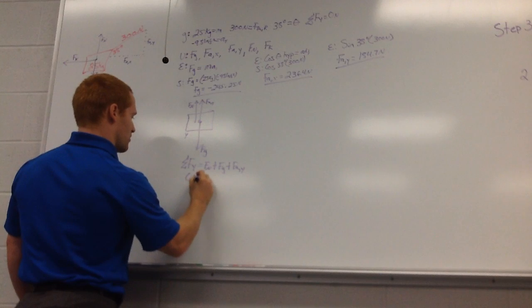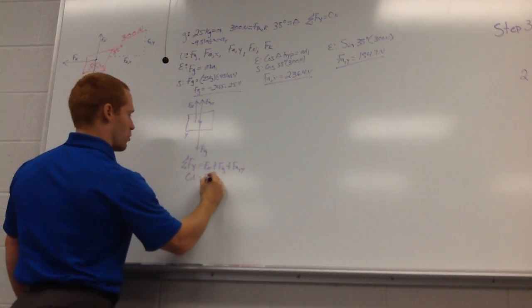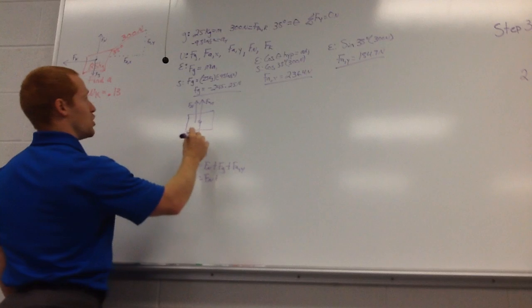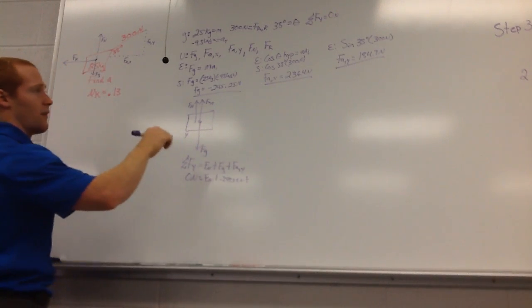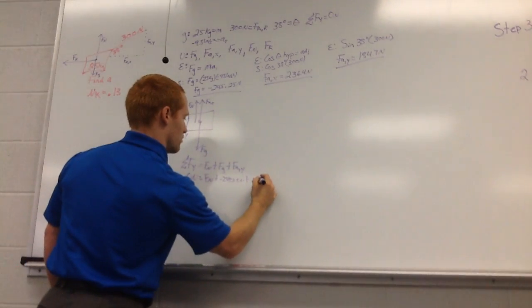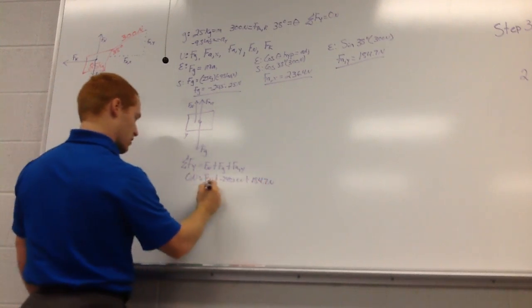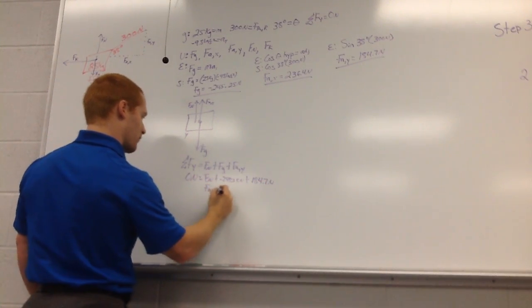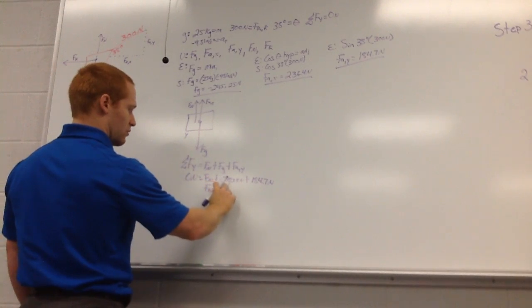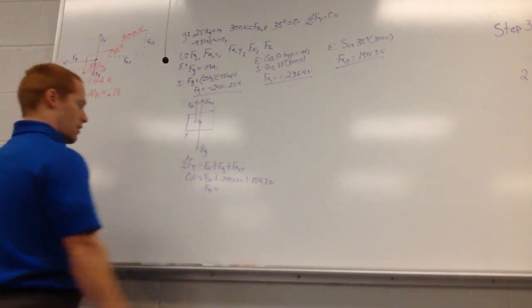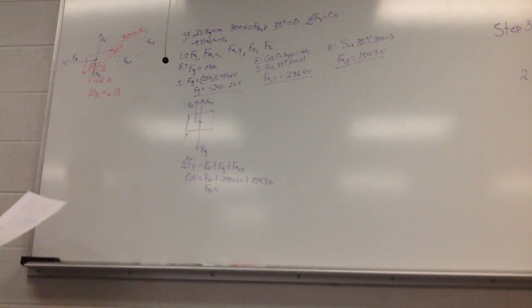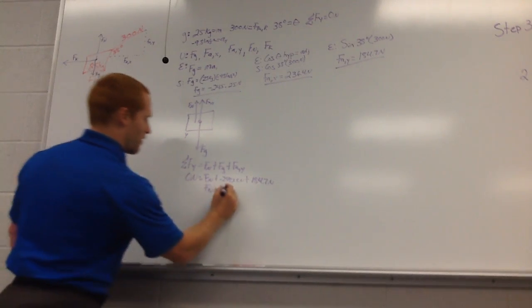So we have 0 newtons equals, we don't know force normal, we know Fg is negative 245.25 newtons, and we know that Fay is 184.7 newtons. So when we solve for force normal, you're going to take negative 245.25 newtons, add it to 184.7 newtons, and for force normal, we're going to get 60.55 newtons.